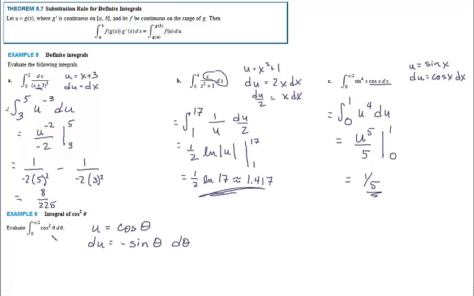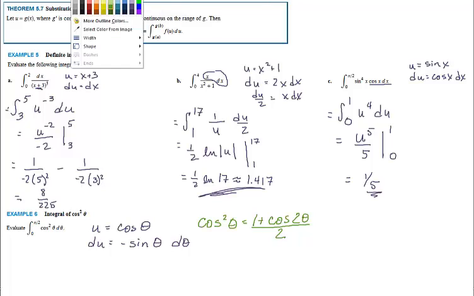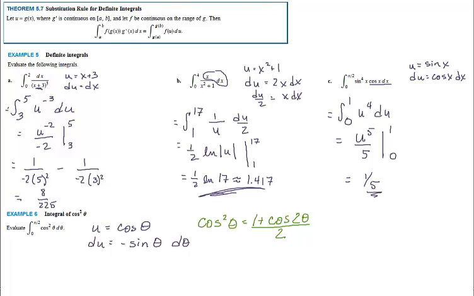And I don't have one of those guys sitting there now, do I? So I've got to figure out what I am going to do with that. What I have to do is go and get my identity, because this just isn't going to work since I don't have a sine there. But if I can write it so I don't have that square, then it would be much easier.